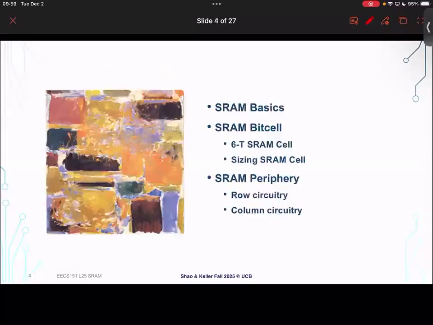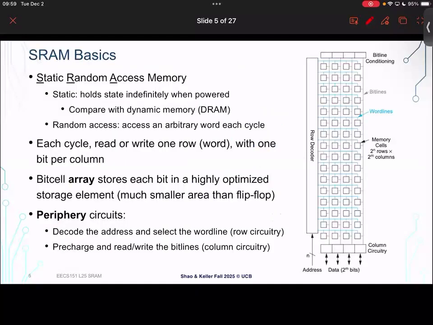So let's move on to SRAMs. Recall that at the very end of the last lecture, we started talking about how flip-flops are nice for storing one bit or a handful of bits here or there.